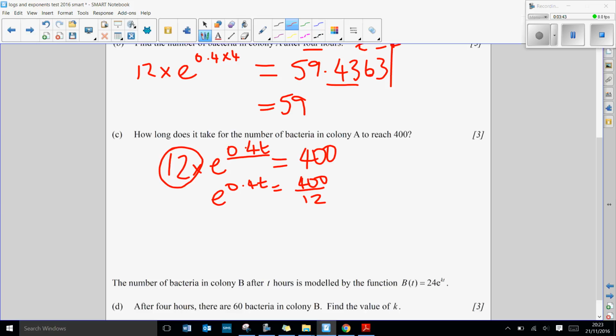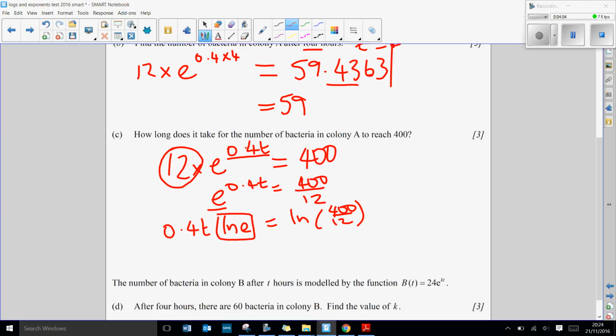Take logs of both sides. We're taking natural logs because we have base e here, and at the same time I'm going to bring my power in front. So I've got 0.4t ln e equals natural log of 400 over 12. ln e we know is equal to 1.